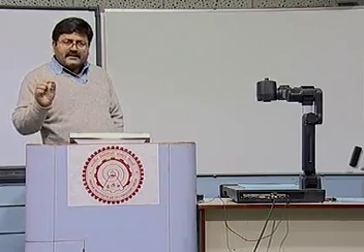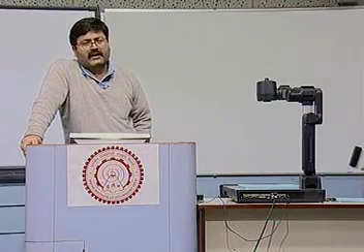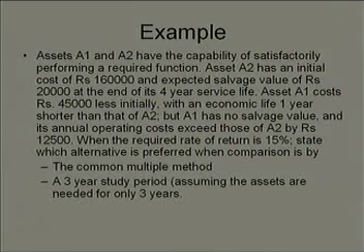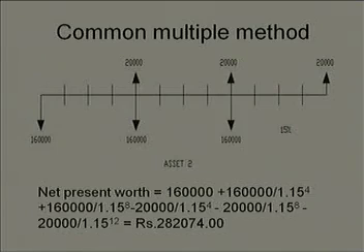So, as a step 1, what you have to do? You have to draw the cash flow diagram. That step remains common. So, this is the cash flow diagram for asset 2. It is very simple to make. At time t is equal to 0, you find asset A2 costs 160,000.